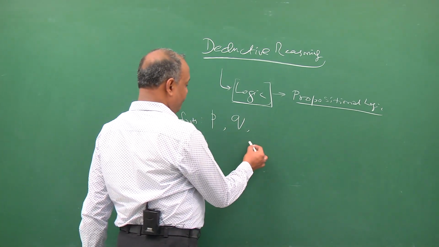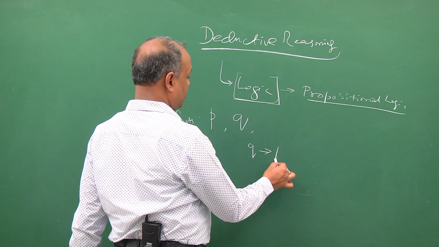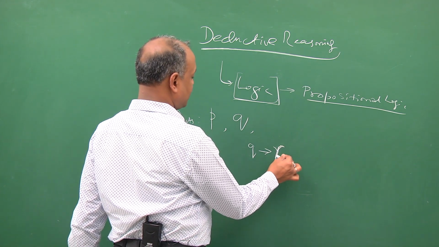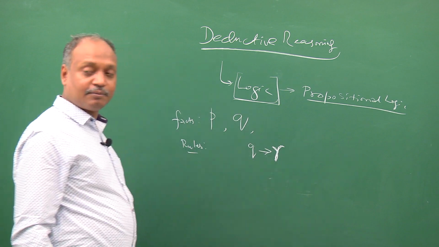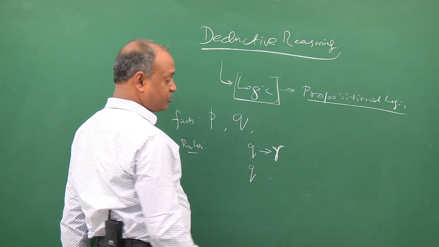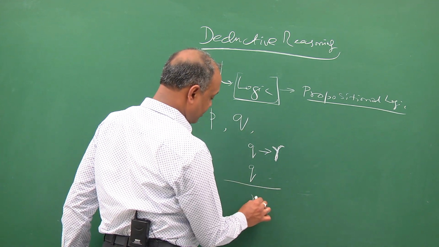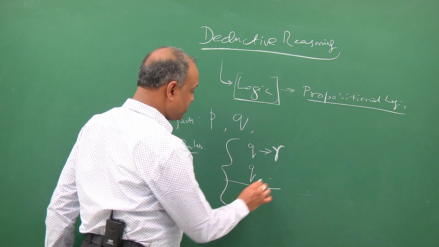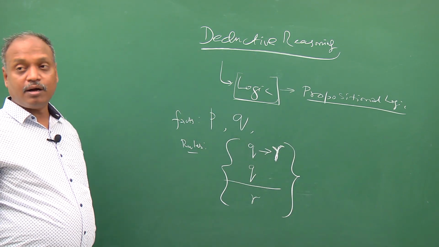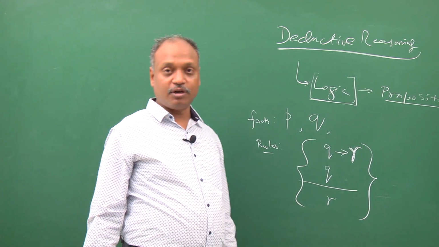For example, if we have a rule which says that Q implies R, and we also know that Q is true, then a rule can imply something like this. So this is what is known as a rule of inference in propositional logic.